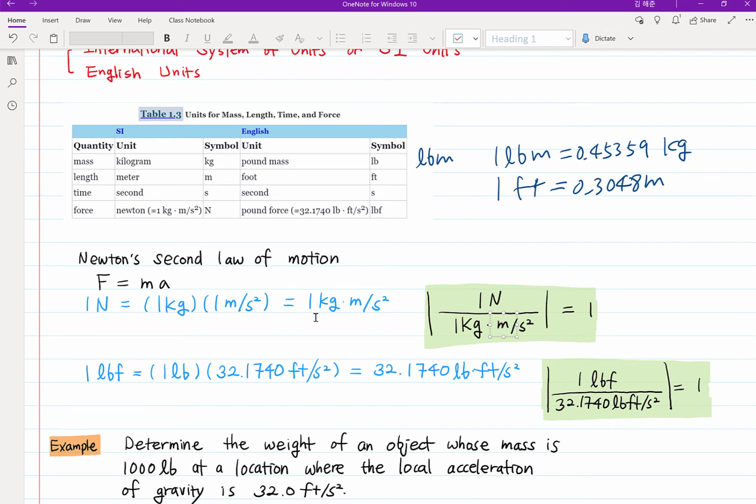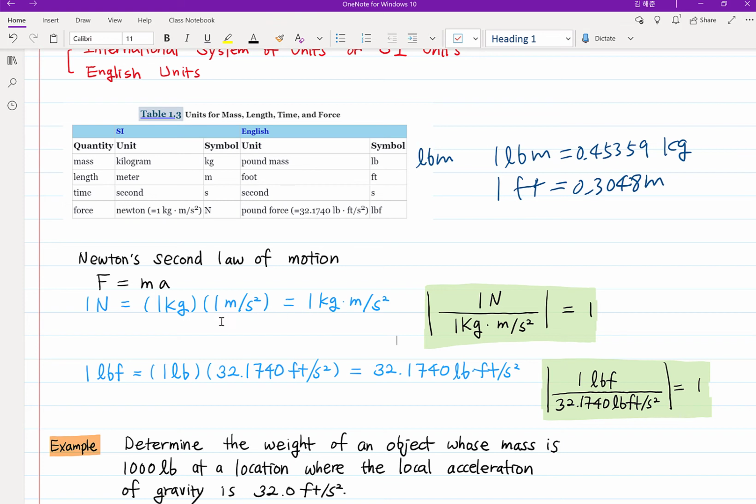So 1 Newton equals 1 kilogram times meter per second squared. So it can also be written as 1 Newton divided by 1 kilogram times meter per second squared equals 1.